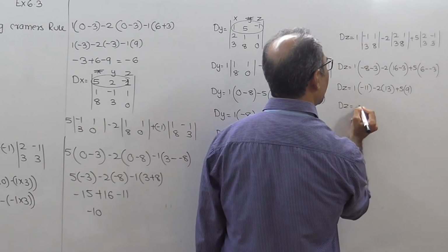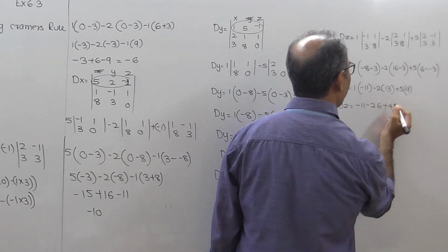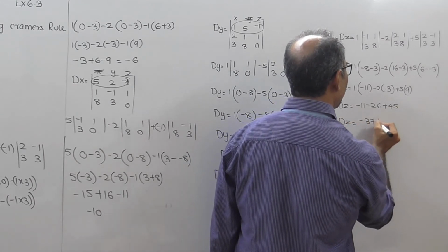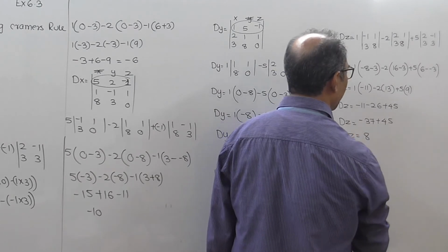So I get dz equal to minus 11, minus 26, plus 45. So dz will be minus 37, plus 45. So that means my dz has to be equal to 8.